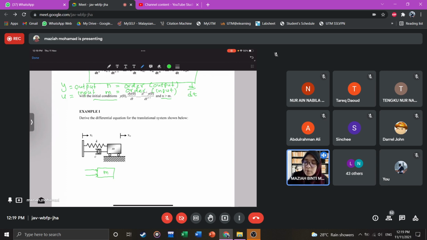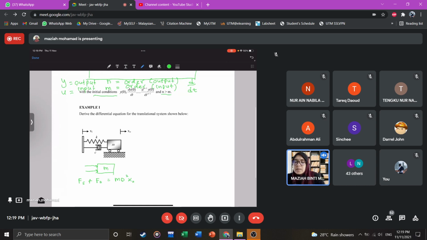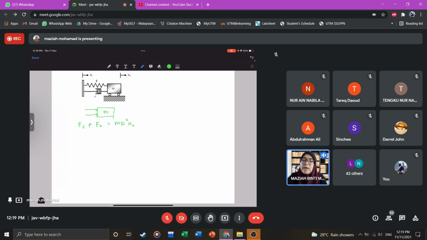So therefore we will have F spring plus F damper equal to m d square x naught. F spring is k times xi minus x naught, plus c d times xi minus x naught.